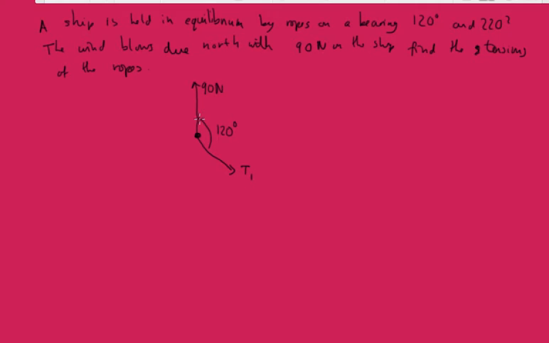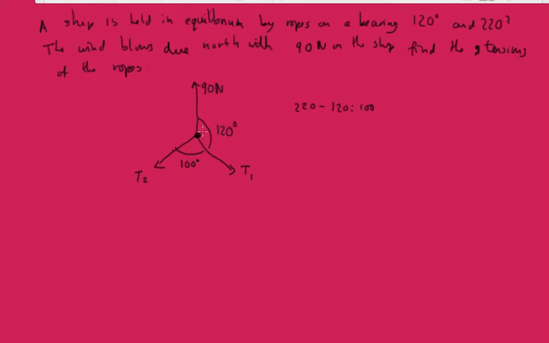And then our second rope is at a bearing of 220, so from the north we go round, and this makes this angle here 100, because 220 minus 120 is 100. And this will be tension T2.